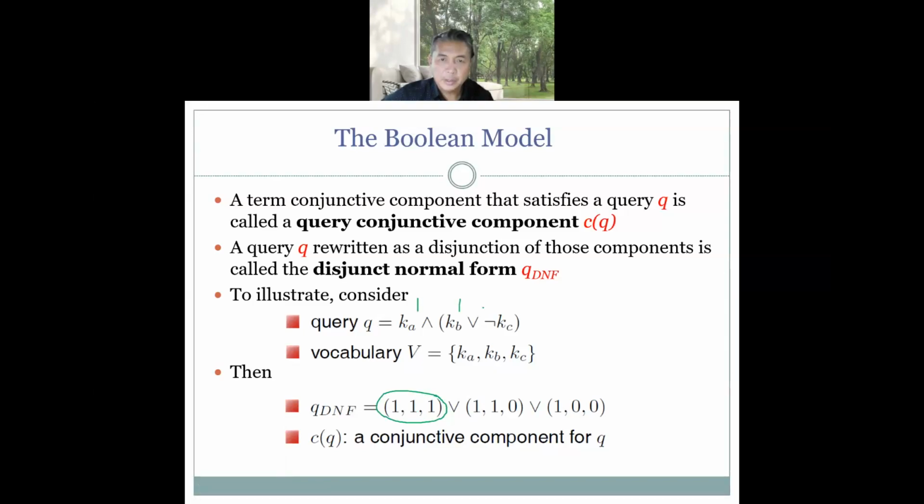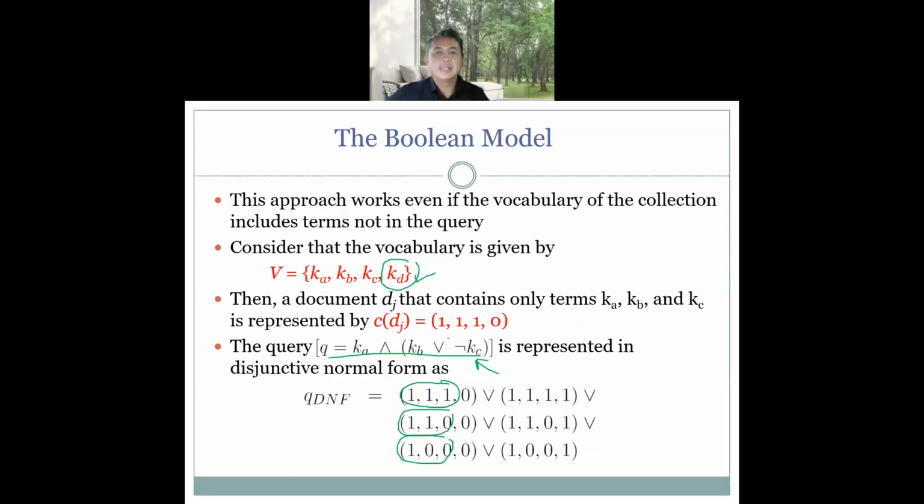If we plug in here, the expression will be true. If I plug in 1110, the expression will be true. If I put 1111, the expression will be true. So now we have keyword D, the fourth keyword, but our expression only consists of A, B, C. So I don't care whether keyword D exists or not.